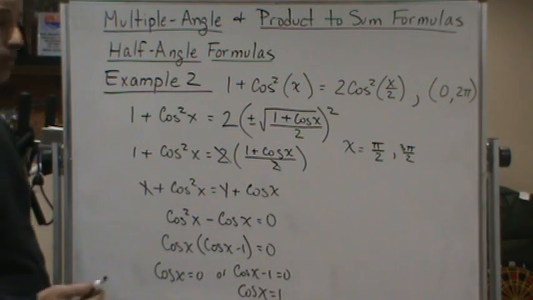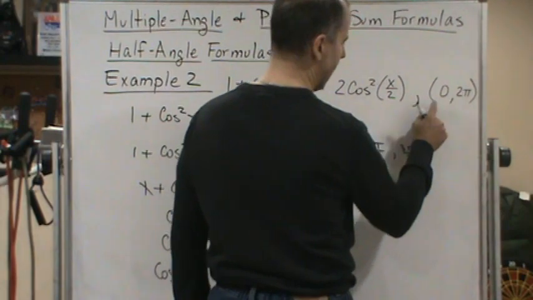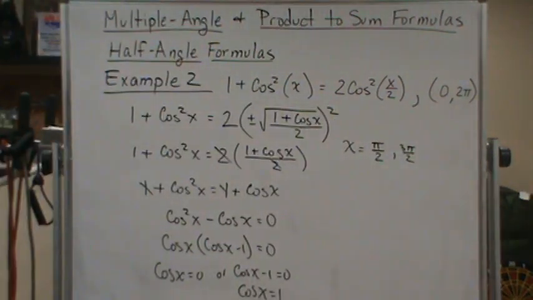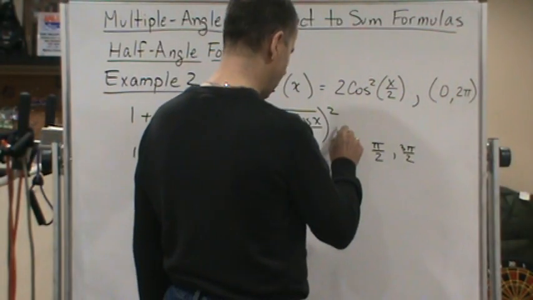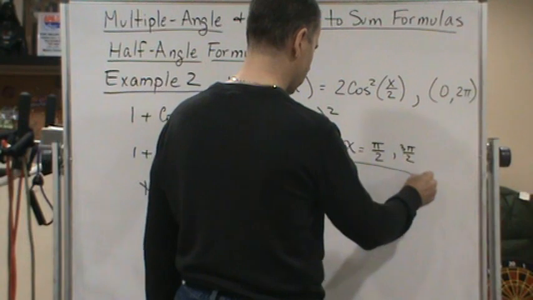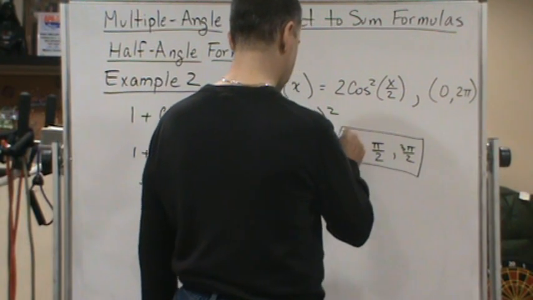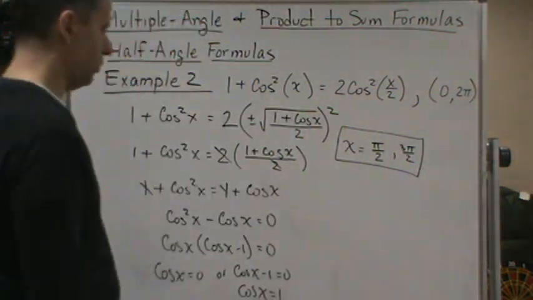It's equal to 1 at 0, but 0 is not included in the interval. But it's also 1 at 2 pi, but 2 pi is not in the interval either. So these are the two solutions.